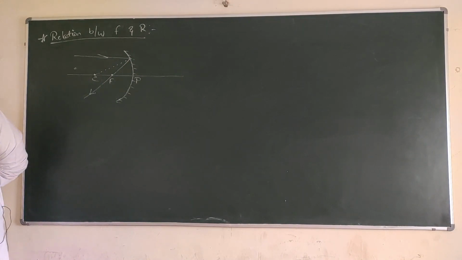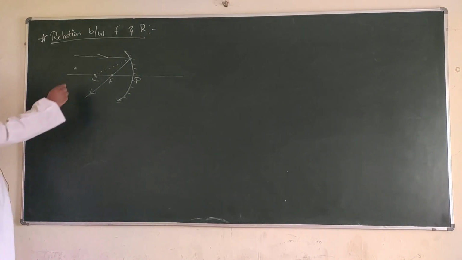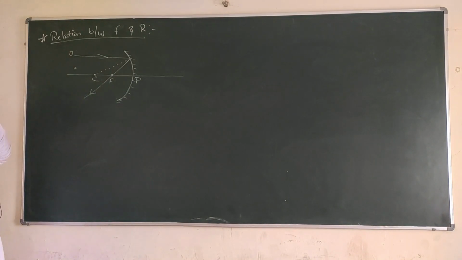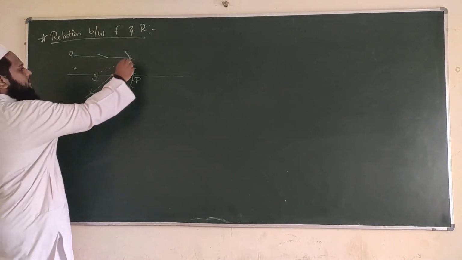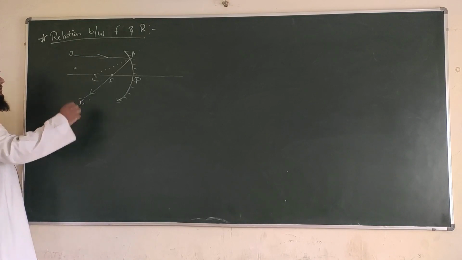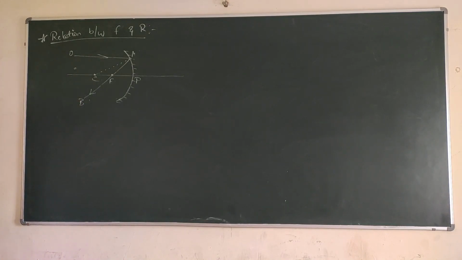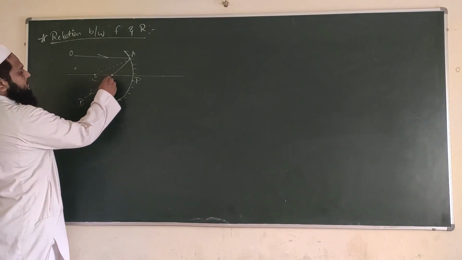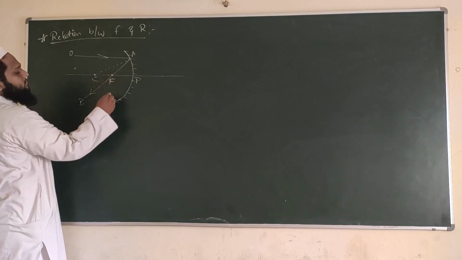Next, let us see the names given. From the source O, it is incident at point A. Then C, and the reflected ray goes out to B. Then focal length and radius of curvature. This is your principal focus.